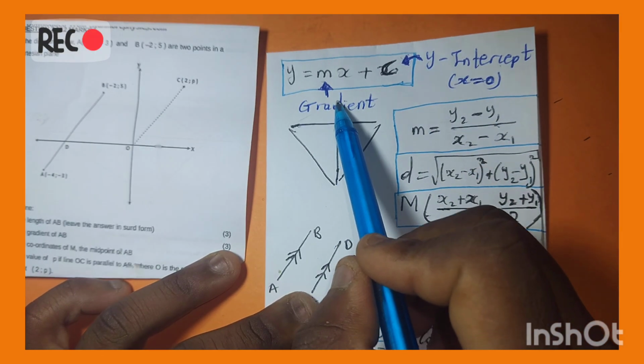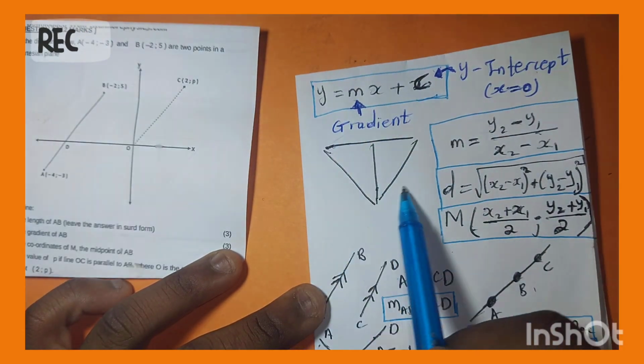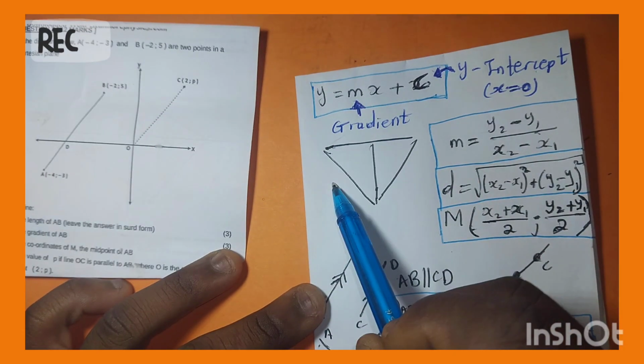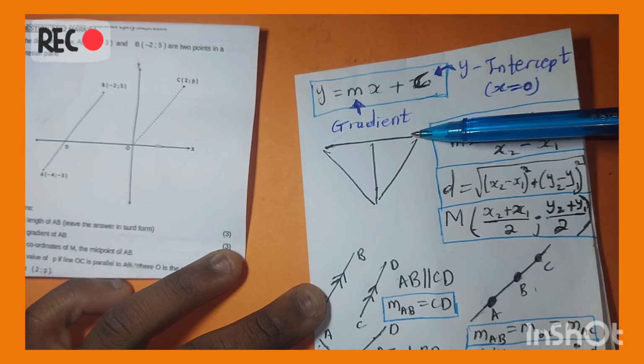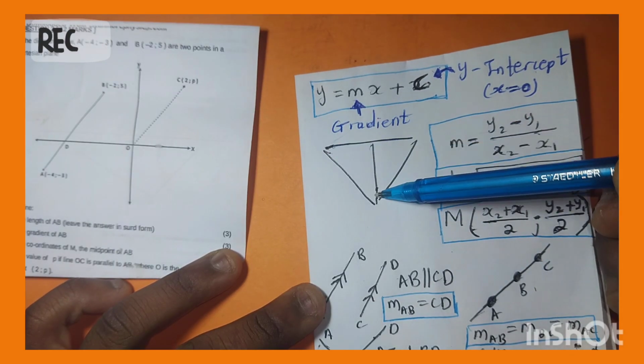Let me talk, guys, about the gradient. You should understand that the gradient is the one that affects the shape of a straight line. A straight line can be in this form, or this form, or that form.